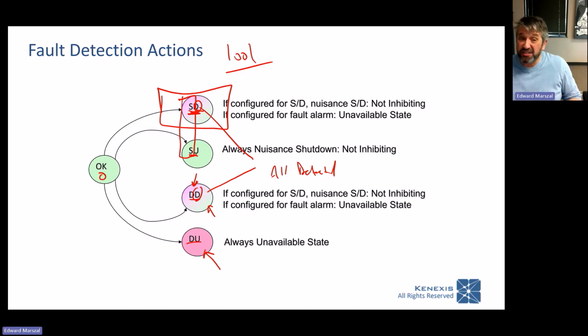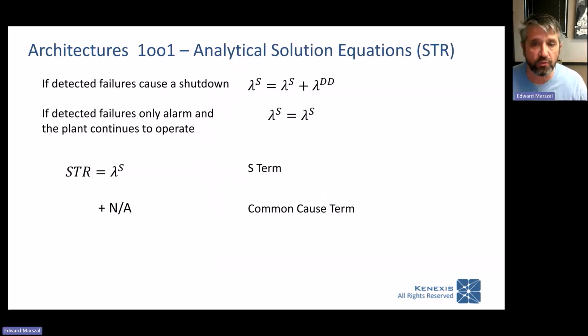So we've acknowledged the fact that you can actually take safe detected failures and convert them into an unavailability, into a PFD, if that's what you program your PLC to do, because your PLC knows it's a bad PV. It doesn't know, well, if it's a bad PV on the low end of the scale, it's safe, but if it's a bad PV on the high end of the scale, it's dangerous. It just knows it's a bad PV, which is why we treat all detected failures, whether they're safe or dangerous, the same way. And you'll see that in our equation sets when you see how the software works.